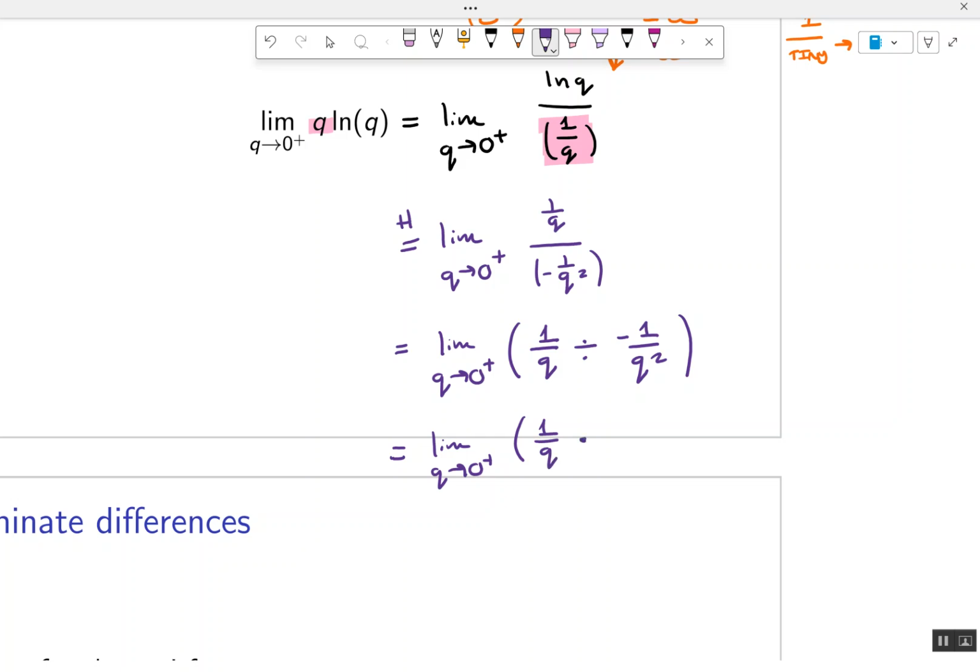So this is multiplied by negative q squared on the top. So this is going to be negative q. And as q approaches 0, this will get closer and closer to 0.